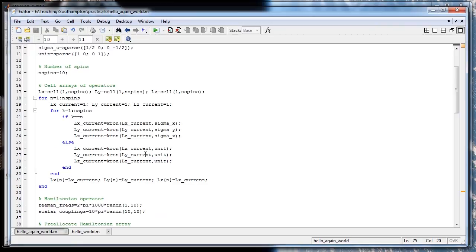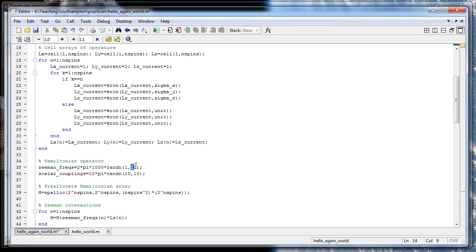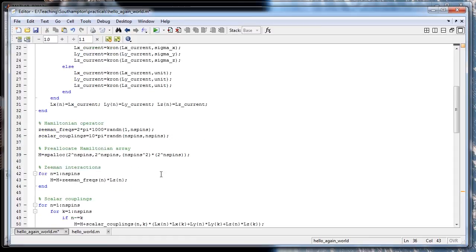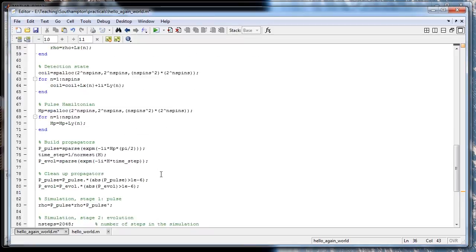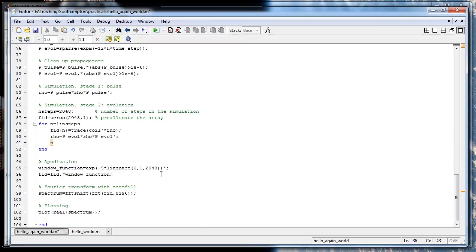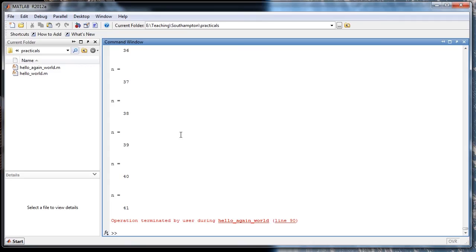The only thing we really need to change is the n spins here. So let's say 7 spins, and I wasn't very careful here, so this should be equal to n spins as well. N spins, n spins, and everything else should just flow through, because we never explicitly said it's going to be 10, we always said it's going to be n spins, so the calculation will now just proceed with a 7 spin system.